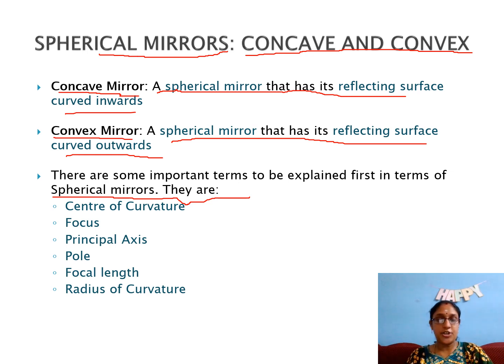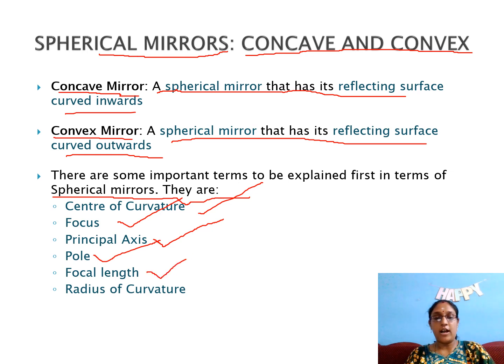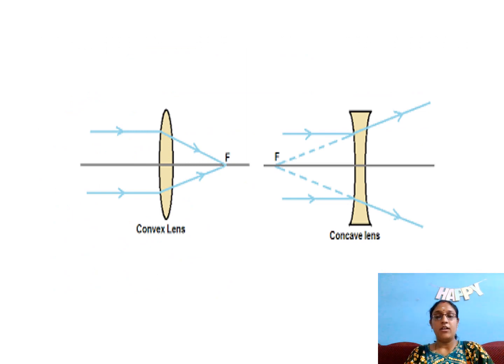First is the center of curvature, second is the focus, third is the principal axis, fourth is the pole, fifth is the focal length, and sixth is the radius of curvature. Got it, kids? So, what are these things? We'll see now. I'll show you what is convex and what is concave.